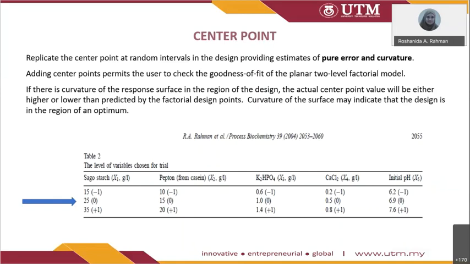So it's the best way to see whether there is a curvature or not, a possible potential optimum point or not, from the factors and the ranges that you have chosen in the first place. Okay, so I encourage you to add center point.